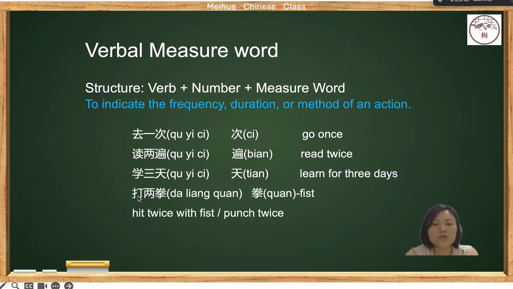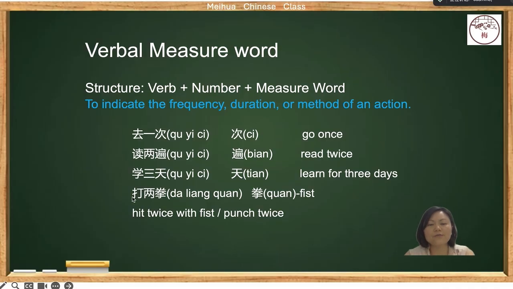打两拳, 打 is another verb, means hit. 两 is the number, 拳 is the measure word. 拳 is actually a noun. It's also a noun in Chinese. It means your fist. So, hit twice, using the fist.